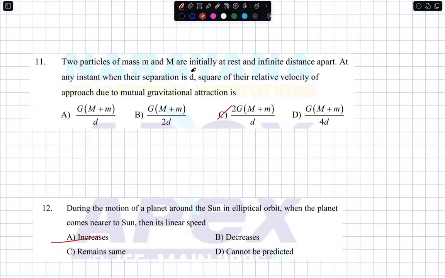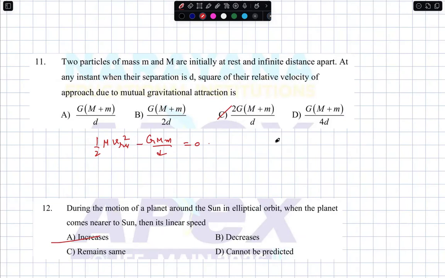Right. 11th question. Two particles of mass small m and capital M are initially at rest at infinite distance apart. At any instant, when their separation is d, what is the square of the relative velocity of approach due to mutual gravitation? We do this in the C frame of reference. Half mu v relative square minus G capital M small m by d equals 0, since initially they were infinitely separated.